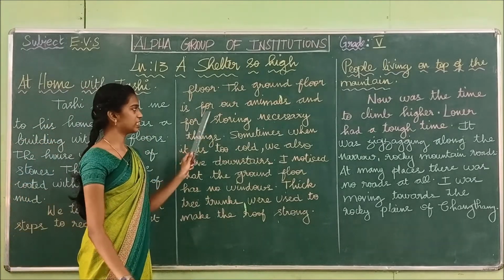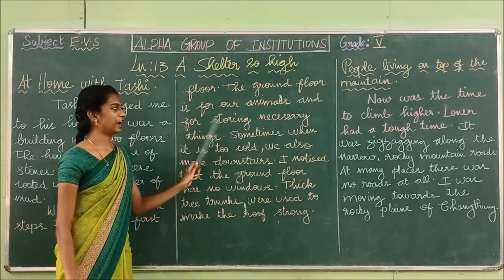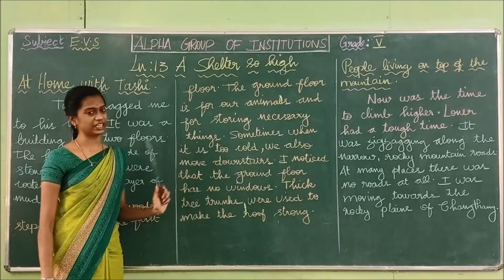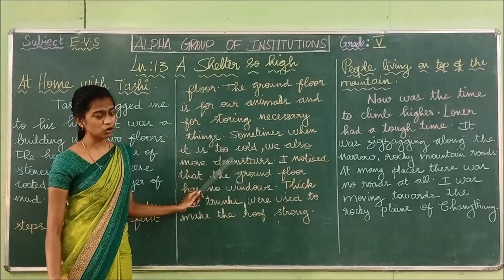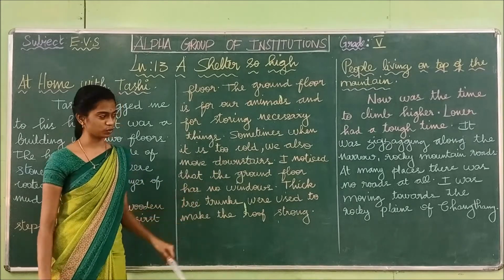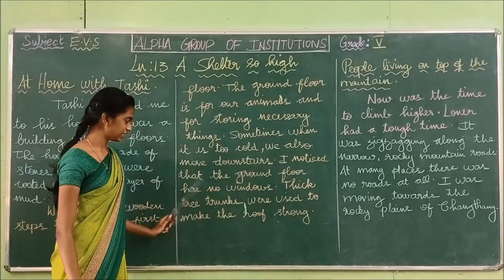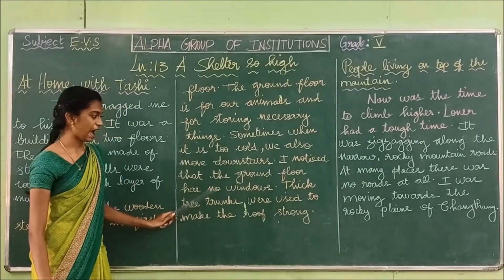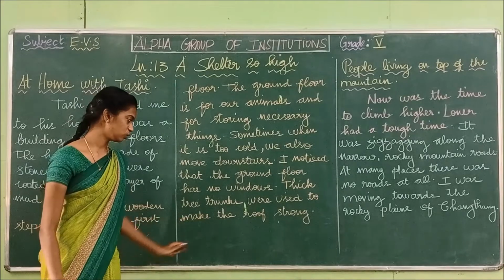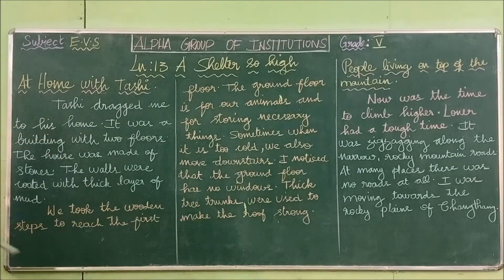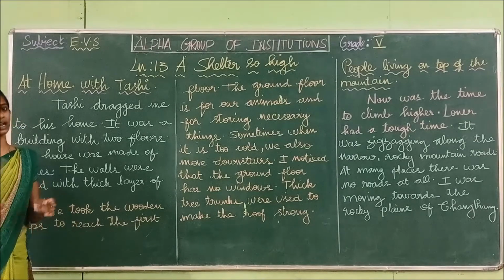The ground floor is for our animals and for storing necessary things. Sometimes when it is too cold, we also move downstairs. I noticed that the ground floor has no windows. Thick tree trunks were used to make the roof strong. So this para says about Tashi's house, like how it is.